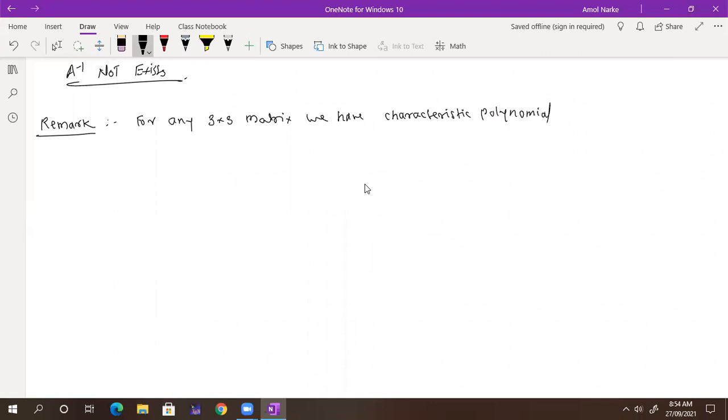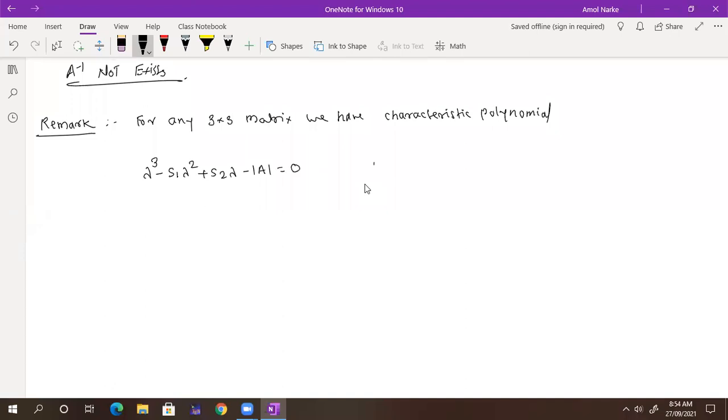What is that characteristic polynomial? First one: lambda cube minus S1 lambda square plus S2 lambda minus determinant of A, which is equal to 0.